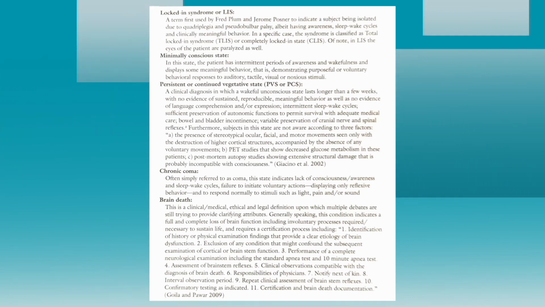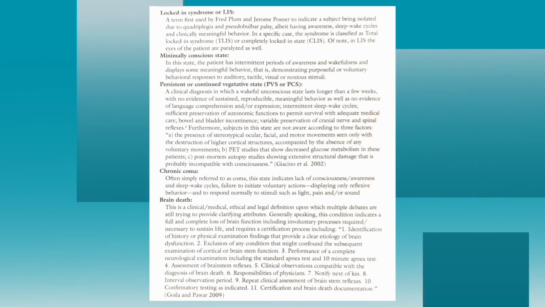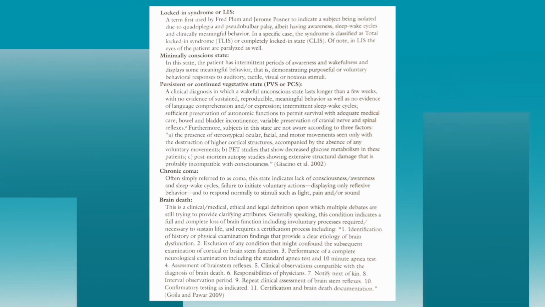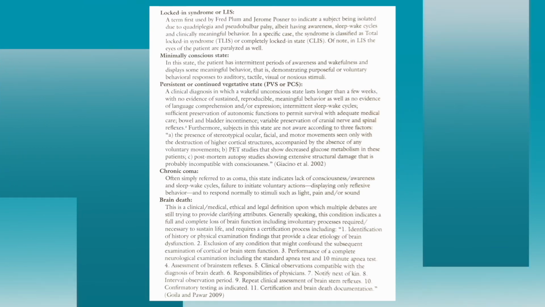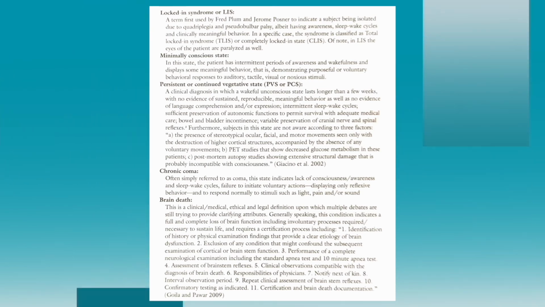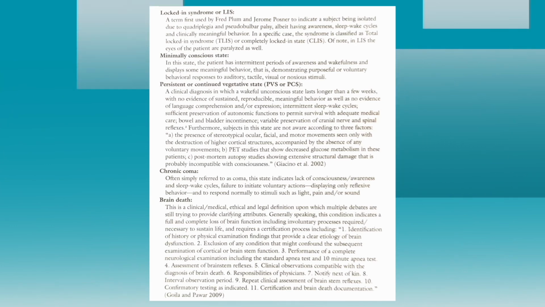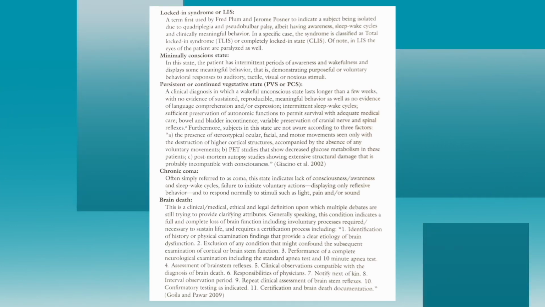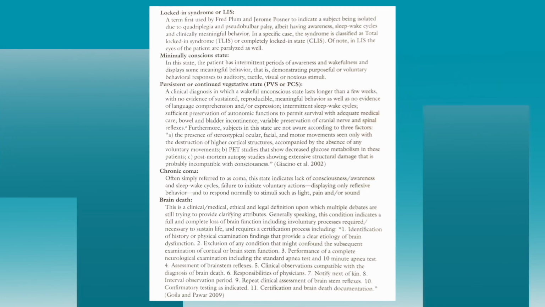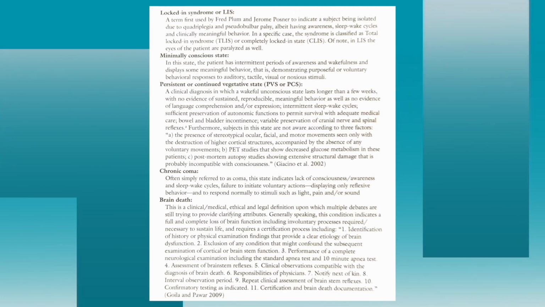Furthermore, subjects in this stage, so again PVS, PCS, are not aware according to three factors, and these are really important. I would like you to remember them, although they will not be present in any specific assignment. It's really important to understand what we mean by that.